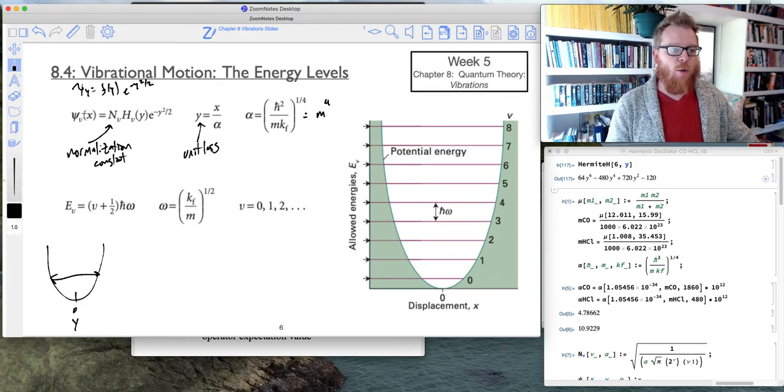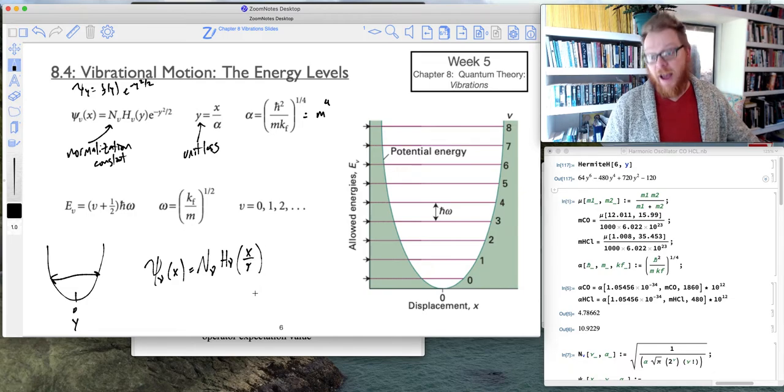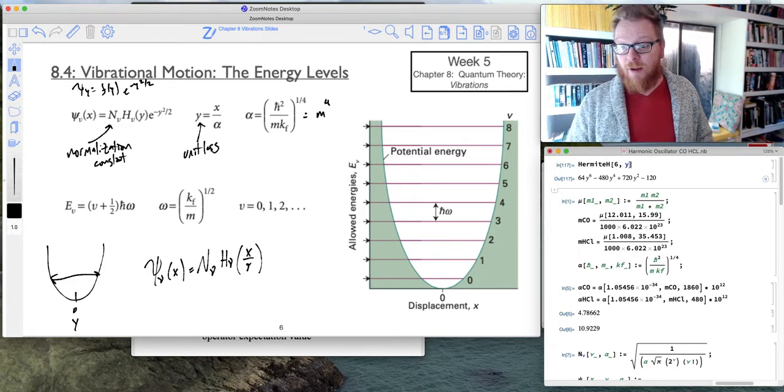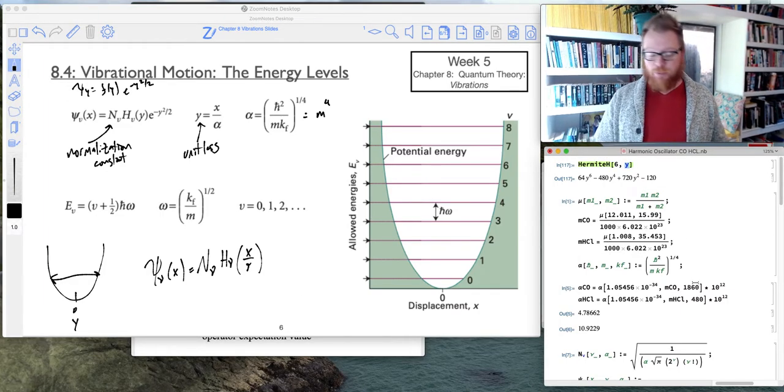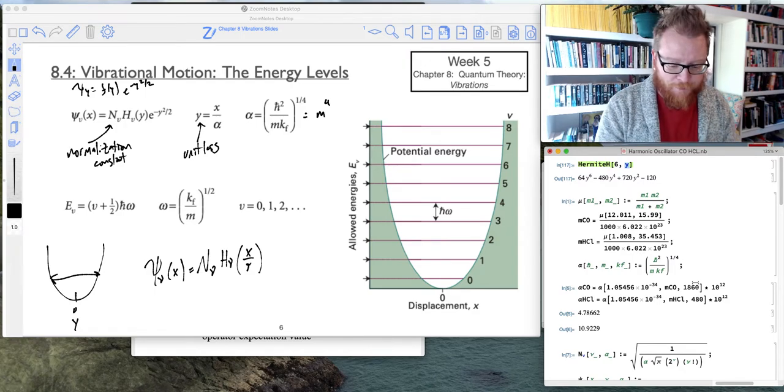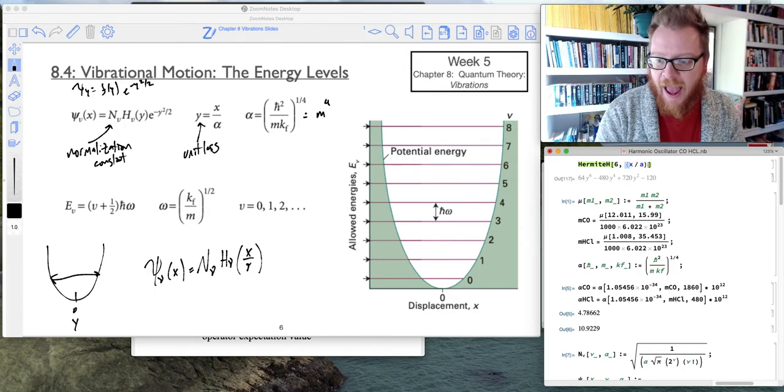So for example, if I wanted to continue writing this psi of x, I'm still going to have this to-be-determined normalization constant. But now when I rewrite my Hermite polynomial, I've got to rewrite it not as h of y, but rather h of x divided by alpha, okay? So over here, right in my Mathematica, I could replace that with x divided by a.